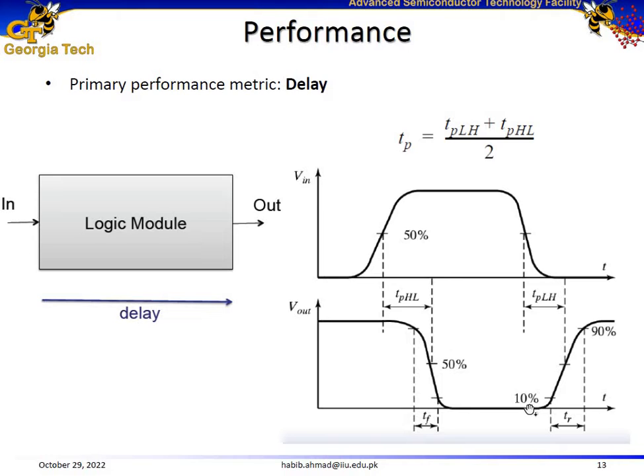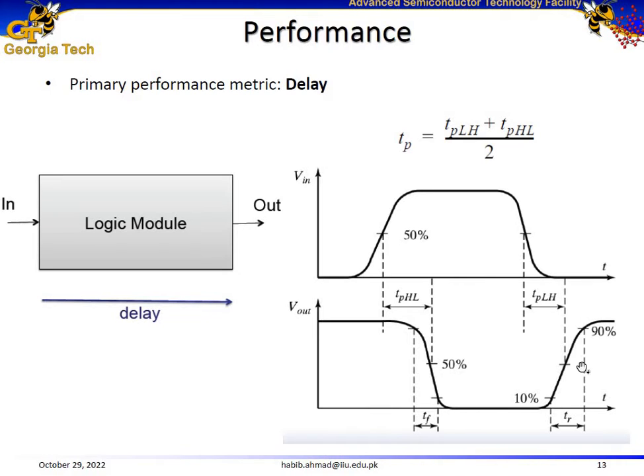And then how do you measure the delay? You measure the delay by measuring the transition at the 50% points. Here is the 50% point of the input, and here is the 50% point of the output waveform. You measure the difference, and we call it the propagation delay from high to low transition for the output.